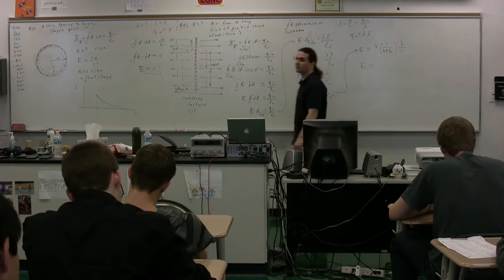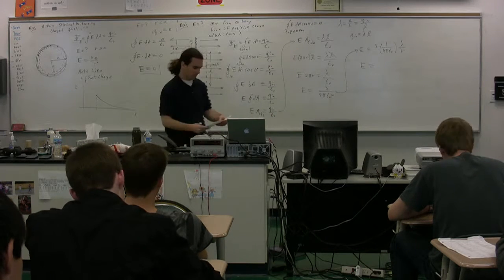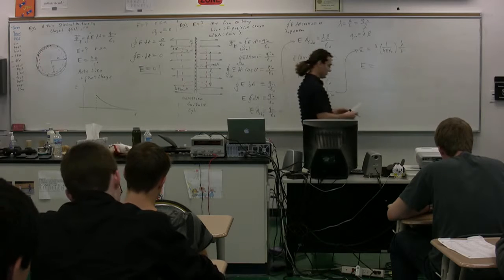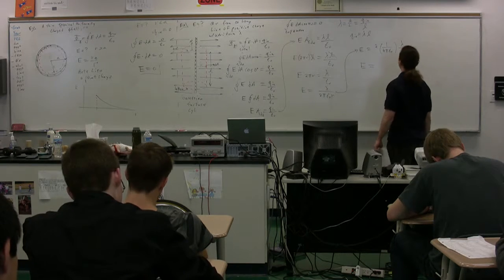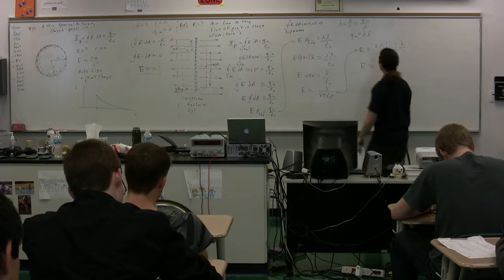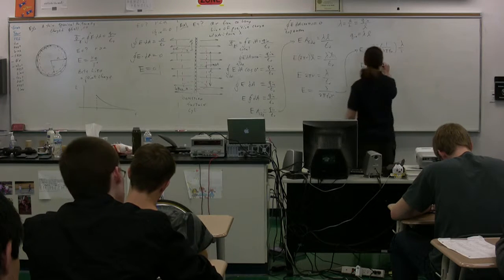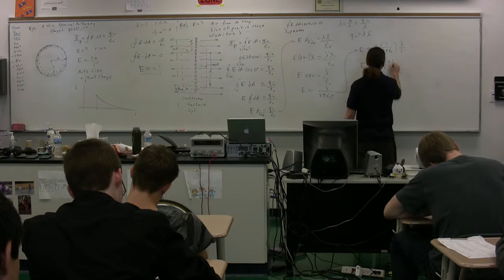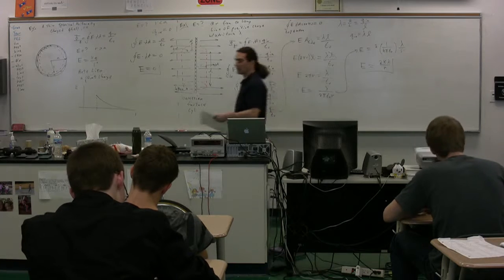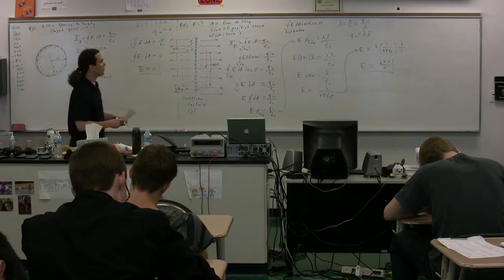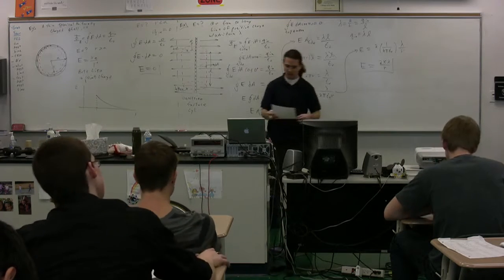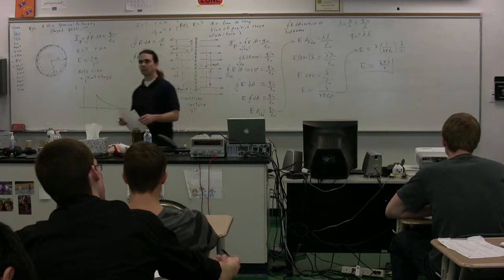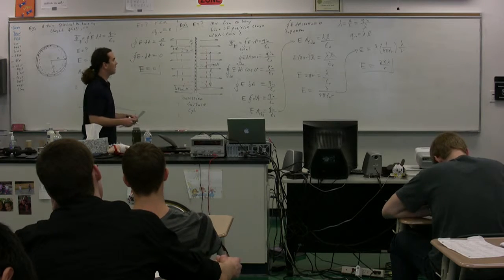Therefore, the electric field equals what, Loki? 2k lambda over r. So the electric field from an infinitely long wire is going to be equal to 2k lambda over r, and it's going to be directed radially outward from the wire.